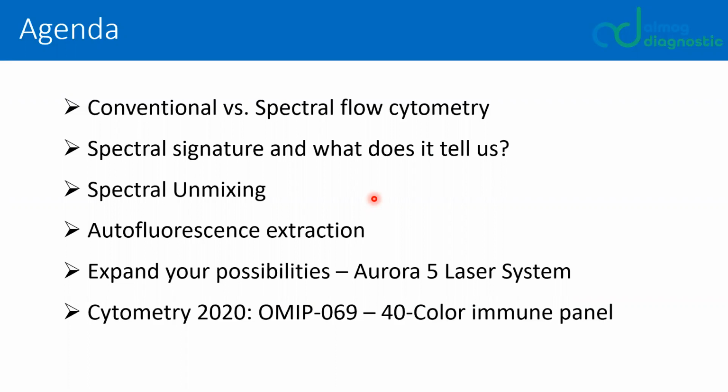We will discuss the use of autofluorescence extraction and its advantages in dim population analysis. In the last part, we will show you the advantages and possibilities of this technology by showing you the Aurora 5 laser system. And last but not least, you will see the new and updated OMIP 69 with a 40-color immune panel that was recently published in Cytometry 2020.